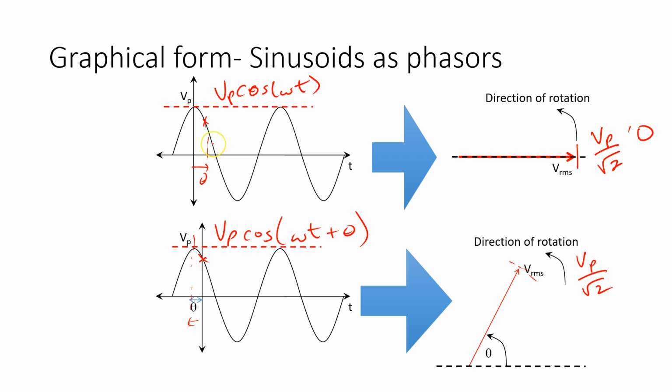So this is theta ahead, because at time 0 here I have already reached the equivalent of theta here when I have no plus theta. So that's why when you shift backwards this way, you end up with a positive. I hope that is not too confusing.